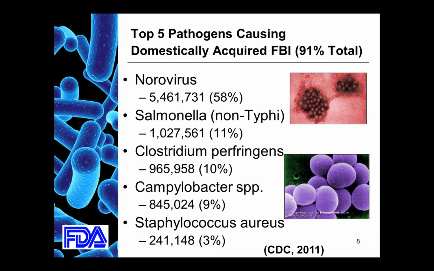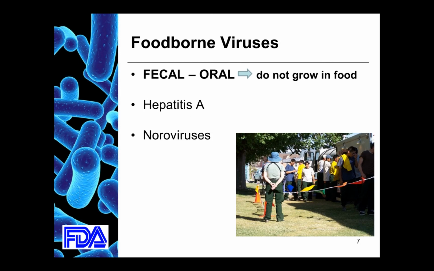Now this comes from the Center for Disease Control, and it shows the percentages of the different organisms that are causing illness. And what hopefully jumps out at you right away is to see norovirus right at the top. And let me just talk about hepatitis for a minute before I jump into that, my mistake. Keep in mind, hepatitis presents some significant challenges because hepatitis is a virus that somebody can contract and be shedding in their feces for up to a month before they even have a symptom.